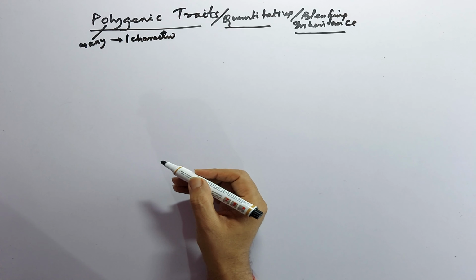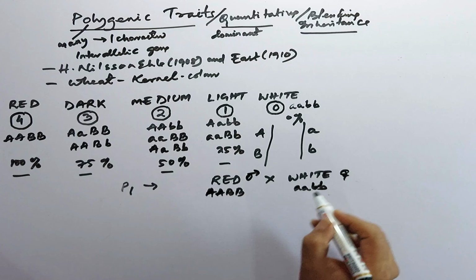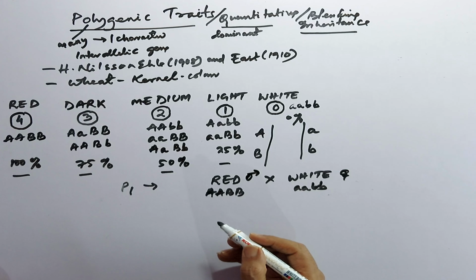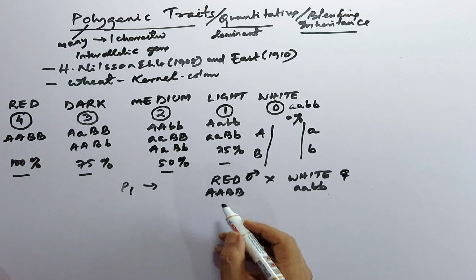First is P1, where we are taking red color crossed with white. So this is capital A, capital B, capital A, capital B, and this is small a, small b, small a, small b. We can make it male and female for an artificial hybridization experiment.